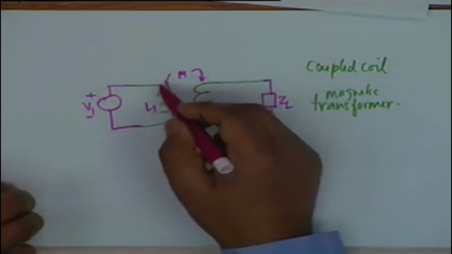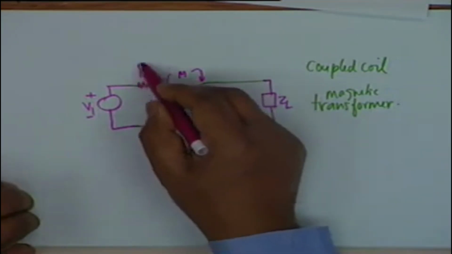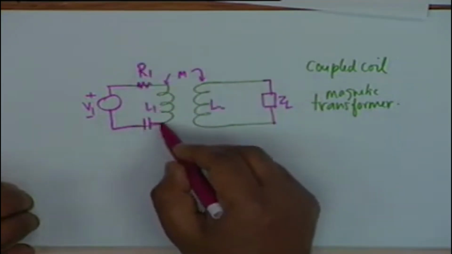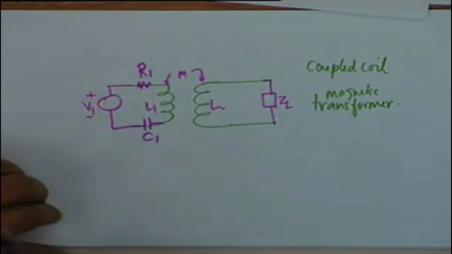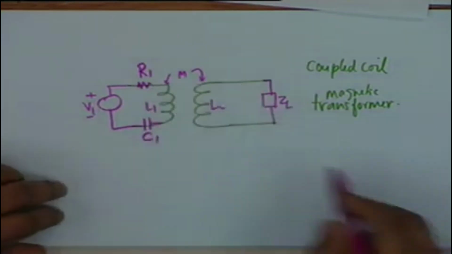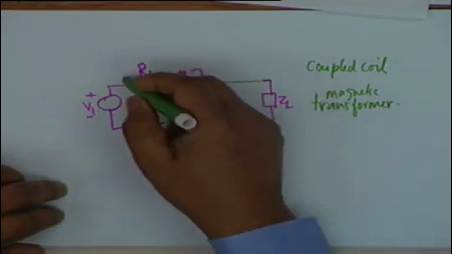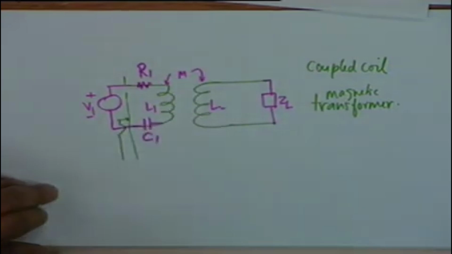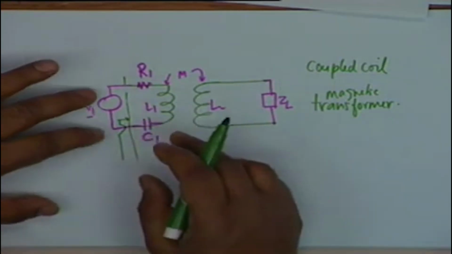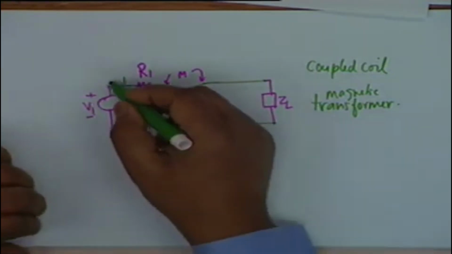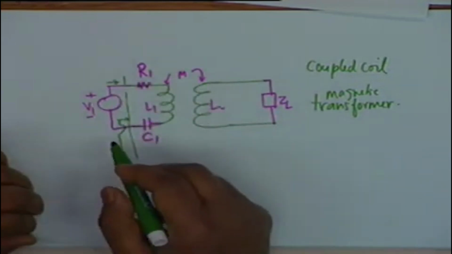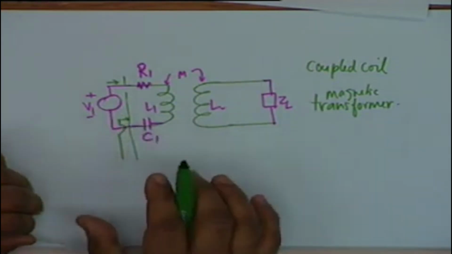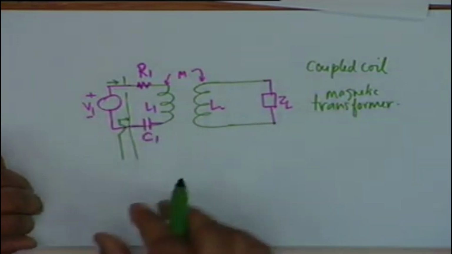There may be other elements here, for example one could have a resistance R1, let us also introduce a capacitor C1. What we want to find out is what impedance this voltage generator sees, or in other words, what current V1 drives into this system of coupled coils.